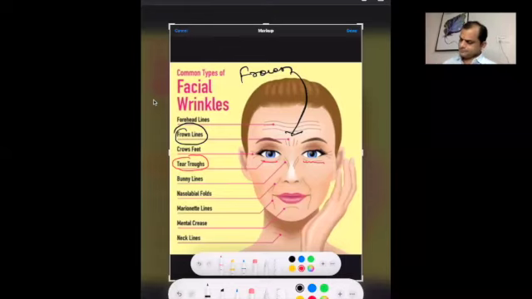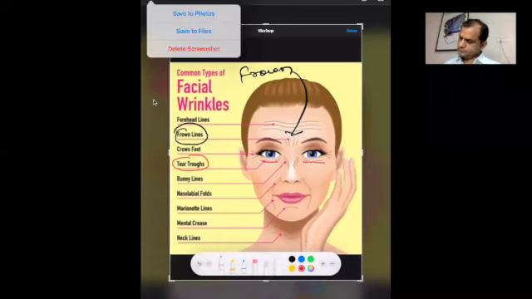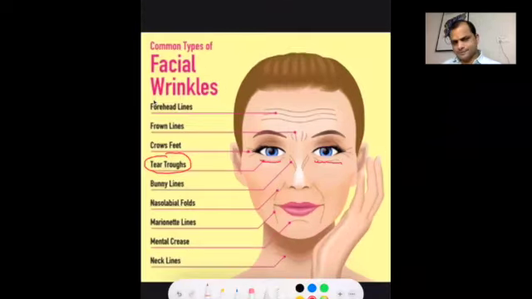So mainly these three muscles are involved. When someone is depressed, in sadness, he develops this line. This is marionette lines. Second, he develops these lines below the eyes. We can call them tear lines.